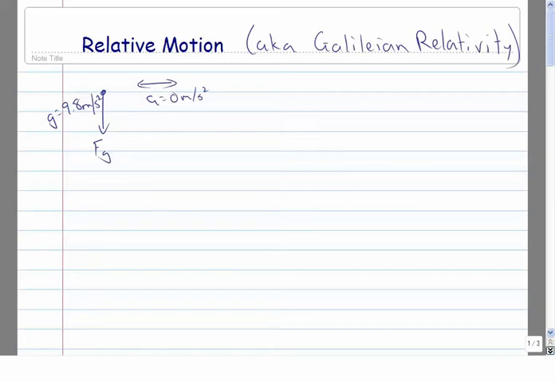When an object's motion remains uniform during our analysis, a physicist would say this object's frame of reference is an inertial one. So the horizontal frame of reference is an inertial frame, while the vertical frame of reference we'd say is a non-inertial frame.